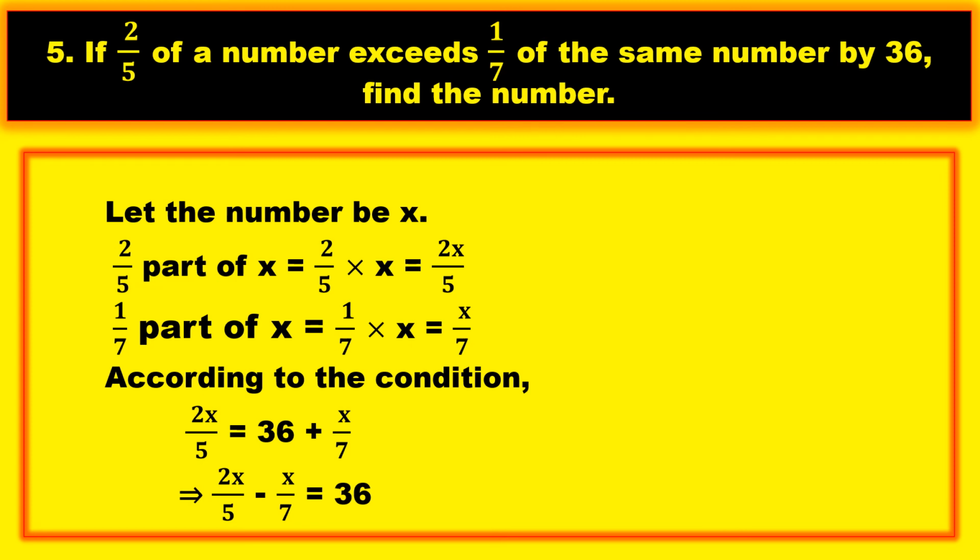Now if you solve this, you can find out x. So this simplification is very important. Here these two are rational numbers, and in between rational numbers, if there is plus or minus, you should take the LCM of the denominators. So let us take the LCM and solve this problem. 2x by 5 minus x by 7 equals 36.